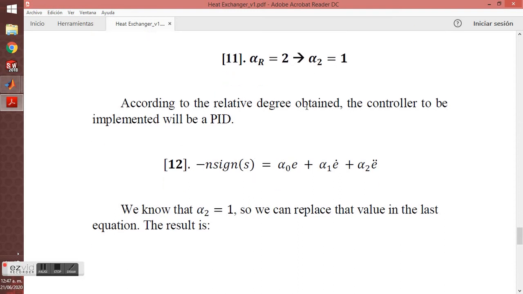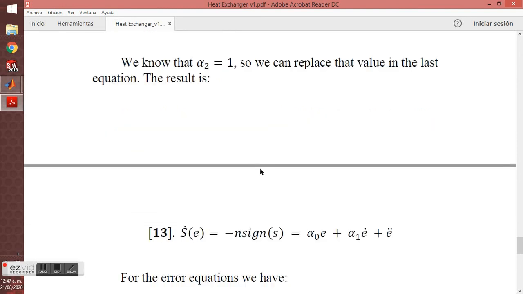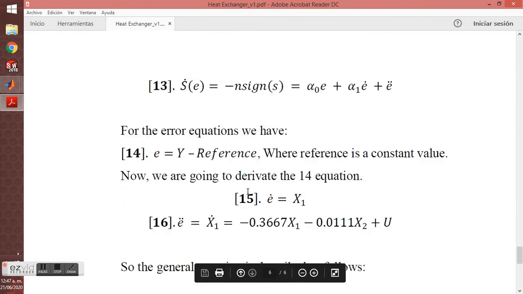According to the relative degree obtained, the controller to be implemented will be a PID controller. We know that alpha 2 is equal to 1, so we can replace that value in the last equation, number 12. So the result is this in equation 13.